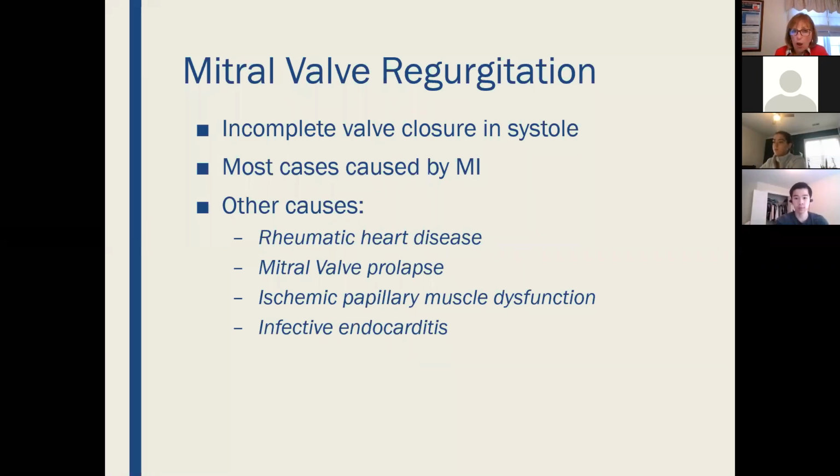Okay, other causes, again, into the rheumatic diseases, a mitral valve prolapse. We'll talk about prolapses. They're pretty much benign, but if you have an infarct and the area you infarct impacts your mitral valve and you already had a prolapse, it could compound that. You could end up with some trouble. Otherwise, ischemic papillary muscle.